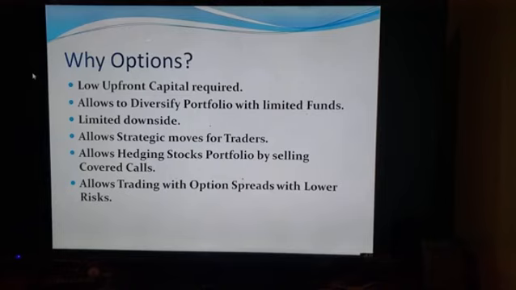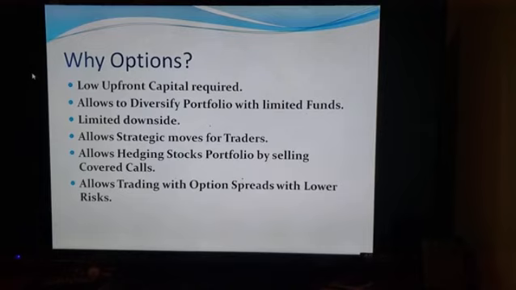Instead, if you do options, you can diversify. You can buy contracts on 5 different companies, for example Apple, Microsoft, Facebook, Chase Bank, and one more, maybe Verizon or AT&T. You can buy these companies' contracts with options and diversify your portfolio.